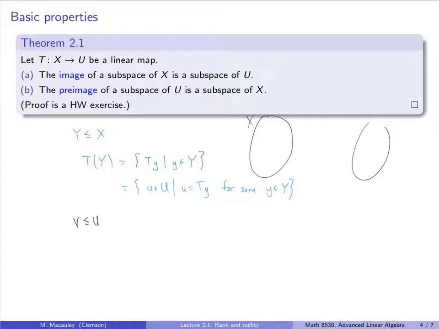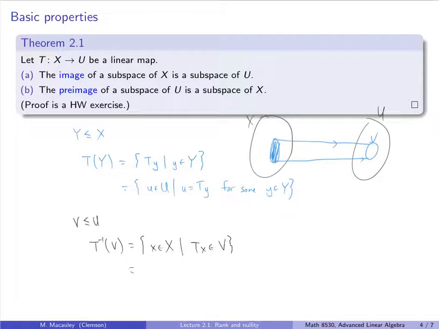This is X, this is U, and here we have V. So that is everything in X that maps to V. So let me use this notation, T minus 1 of V. Even though I said minus 1, I usually just say the preimage of V. This is the set of all things in the domain, so the set of all x, such that Tx is in V.